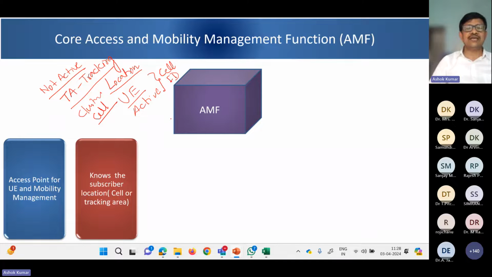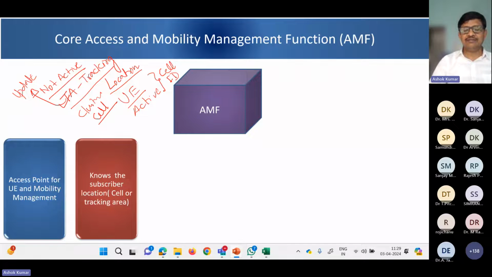It searches by a method called paging, and that paging is done in the tracking area. User equipment is supposed to be in the tracking area, because whenever it goes beyond the tracking area, it has to update. We call it mobility update, and then its data is updated in the core network or AMF.